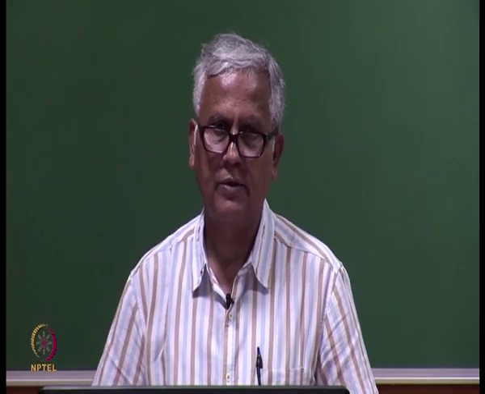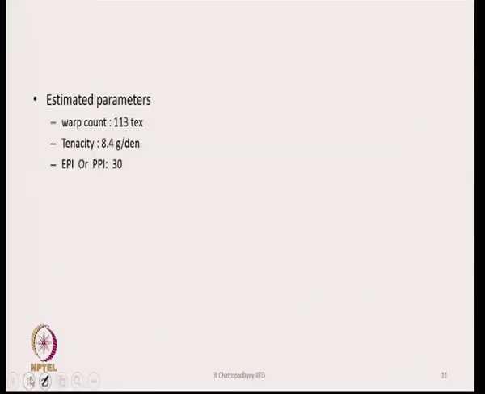If not, we have to start modifying these parameters. So, initial estimations can be done following this methodology. So, estimated parameters are: warp count is this, same is going to be the weft count, tenacity is going to be 8.4 gram per denier, and EPI, PPI going to be 30.